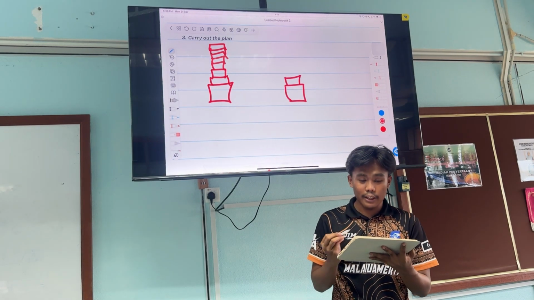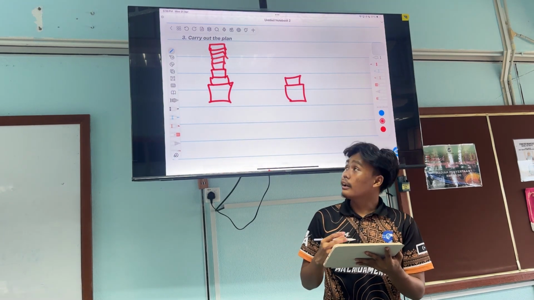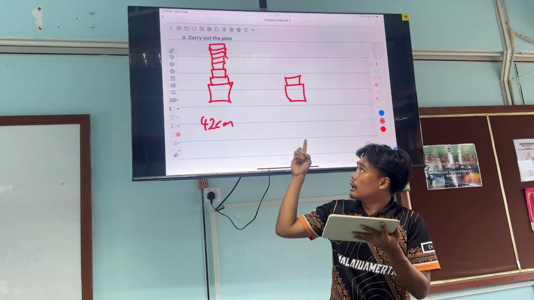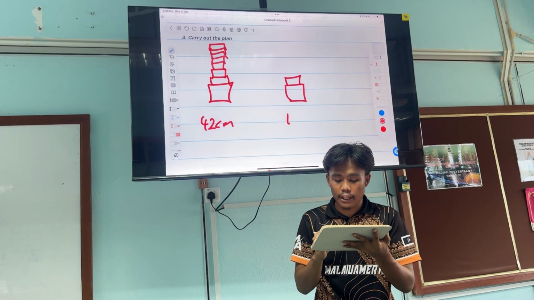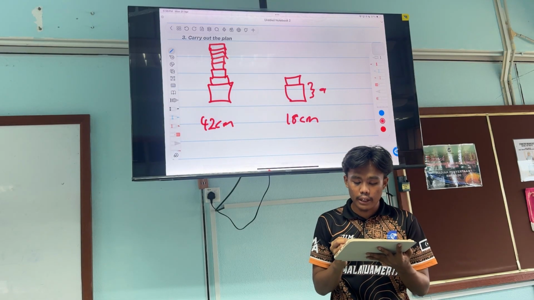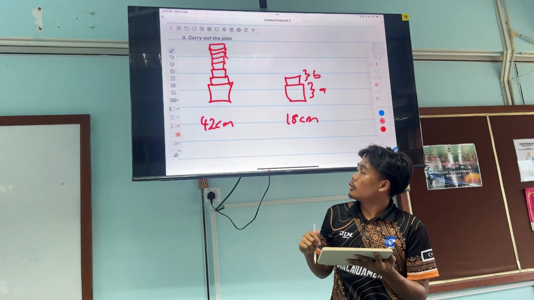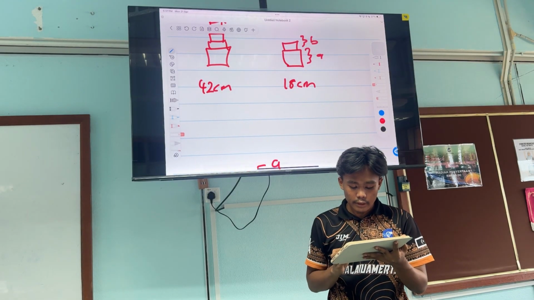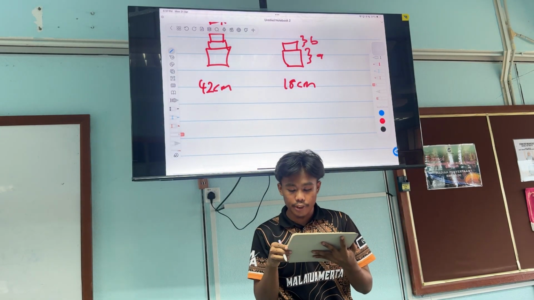Here the question says that the 8 glasses stack is equal to 42 cm and the 2 glasses stack is 80 cm. So let the full glass equal A and let the small glass equal B. As we can see here, we can make a simultaneous equation.